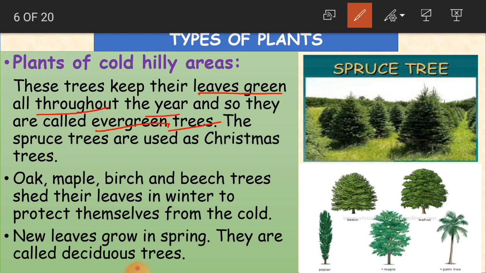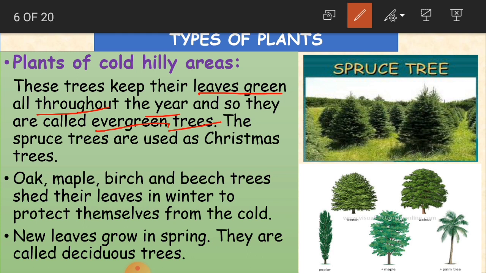If you observe our trees, like what we are having in our state right now, sometimes the leaves shed. They turn yellow and shed off. Again when spring comes, they start growing.